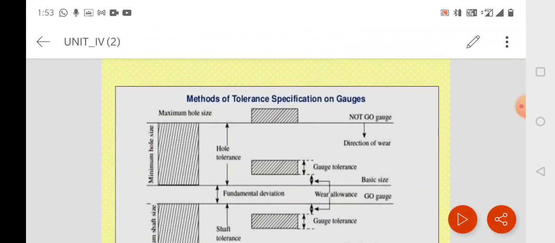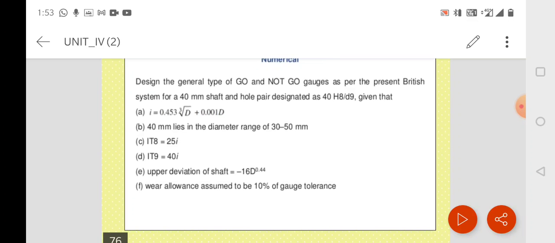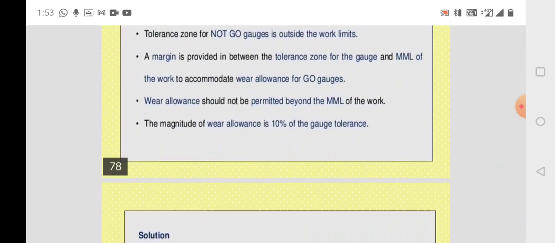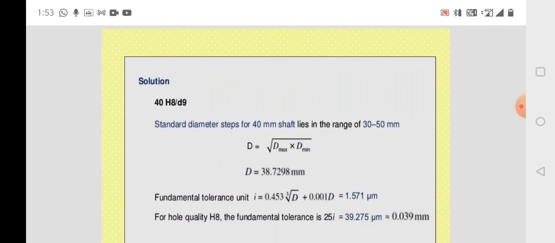In this problem, the assembly was given as 40H8/D9. So 40H8 is what? 40H8 means hole type is basic hole. One of the things, whether it is a hole or a shaft, is given as basic size always in the assembly, and the other one will be varying.